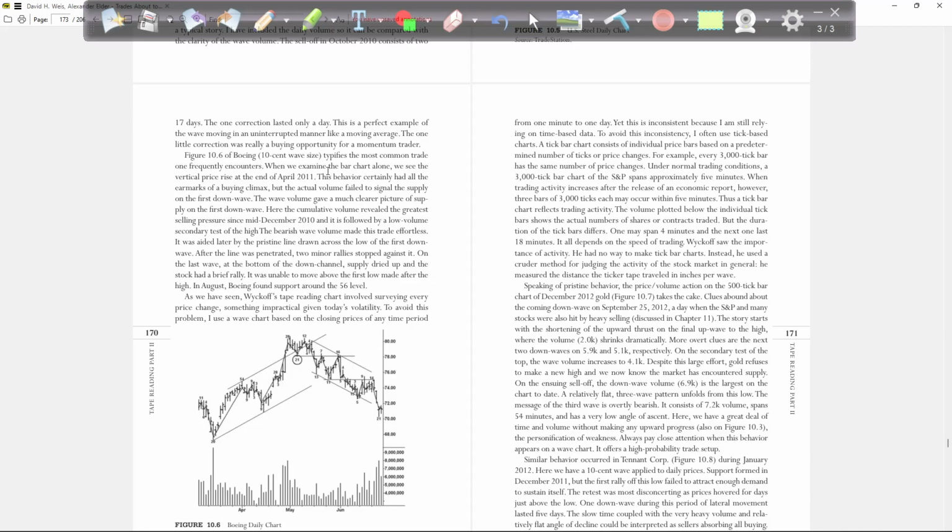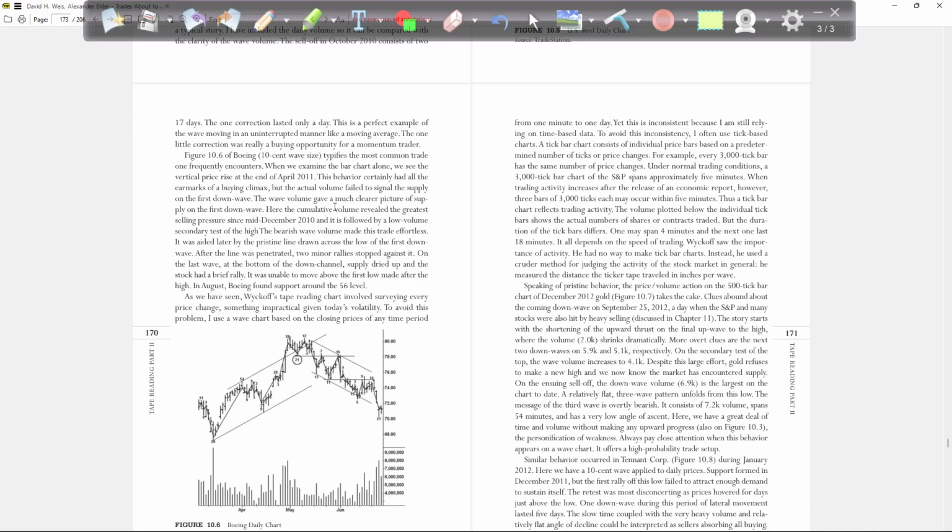When we examine the bar chart alone, we see the vertical price rise at the end of April 2011. This behavior certainly had all the earmarks of a buying climax, but the actual volume failed to signal the supply on the first down wave.